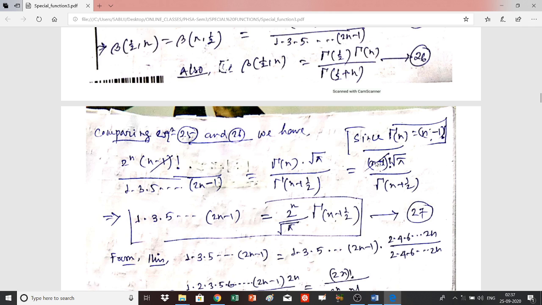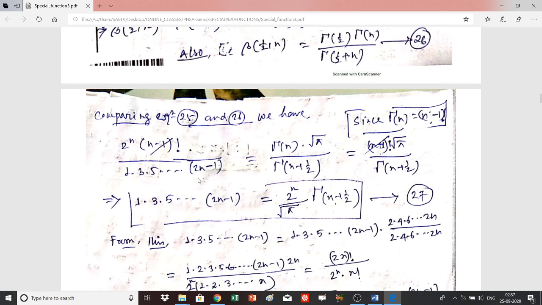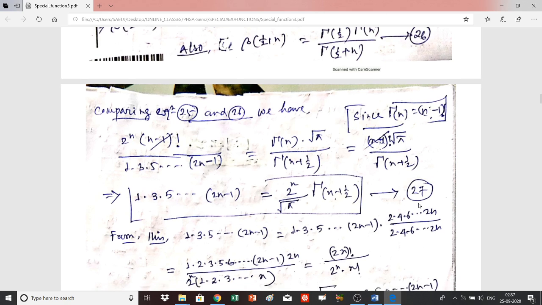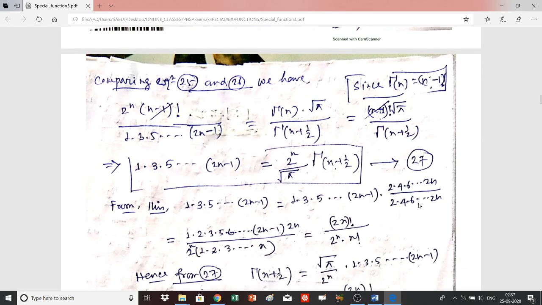So this n minus 1 factorial and this n minus 1 factorial cancel each other, and therefore you can write 1, 3, 5, 2n minus 1 will be equal to 2 to the power n by square root pi gamma n plus half. From this relation you can write this. This is equation number 27. And so the result that we had to prove is proved here.